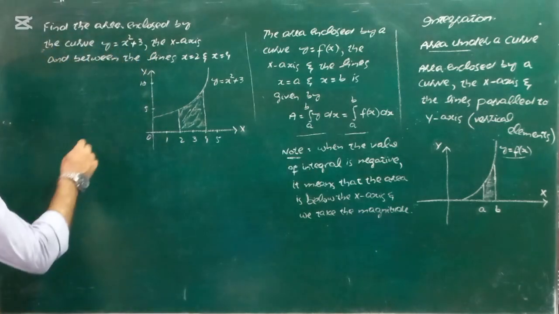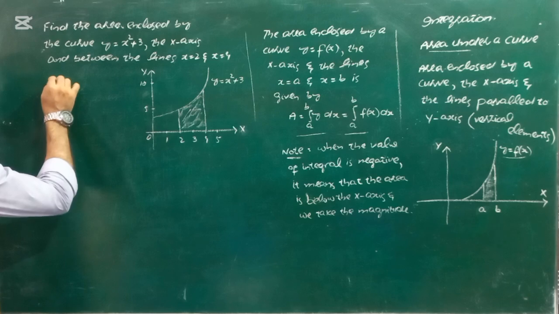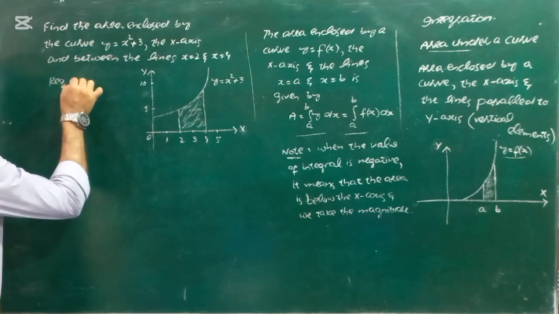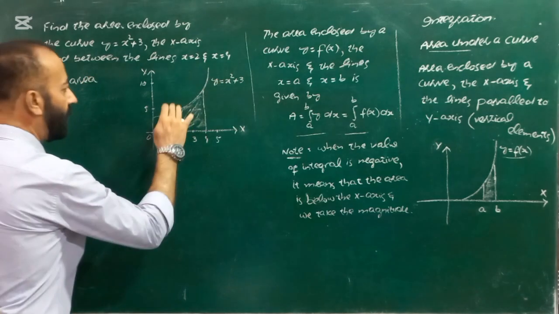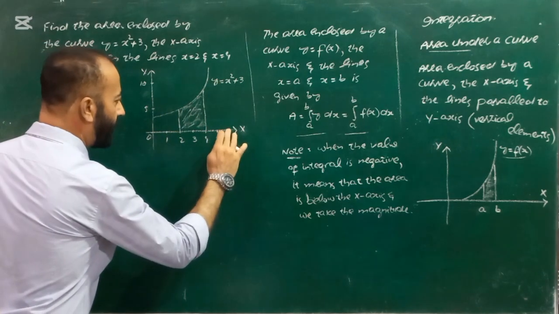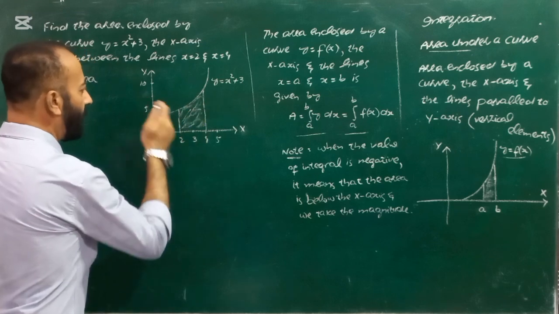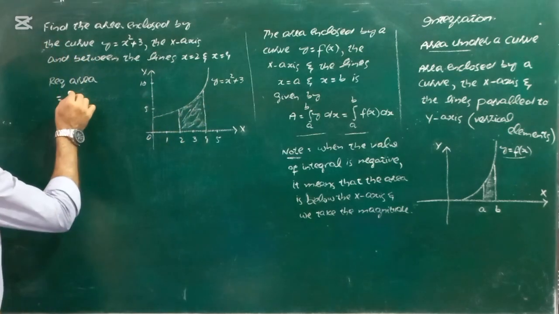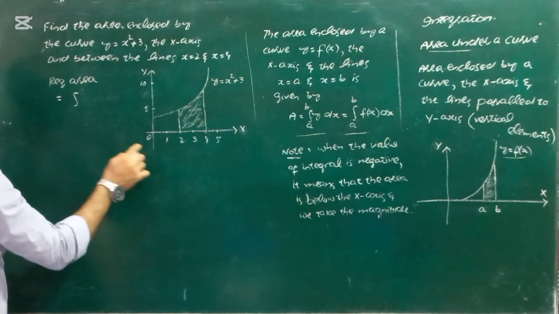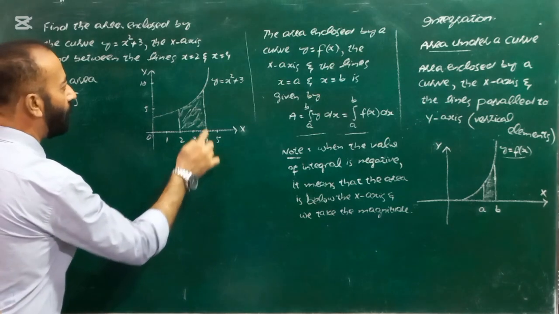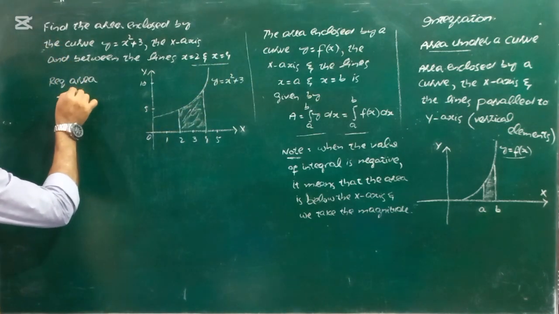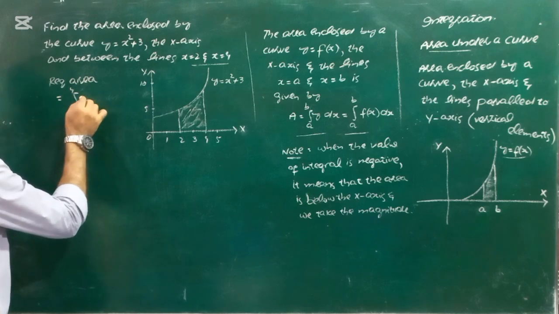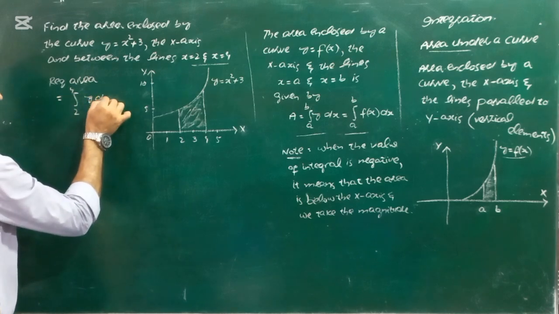So look now, for finding the required area, the area under the curve and the x-axis and the lines parallel to the y-axis is the integral, with limits from 2 to 4, that is given in the question, of y dx.